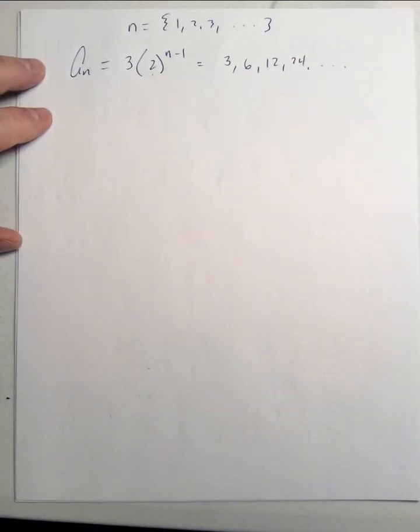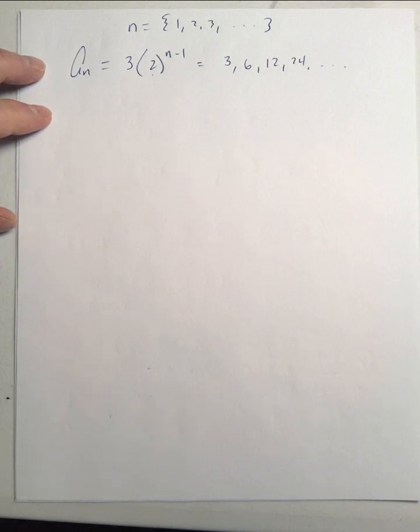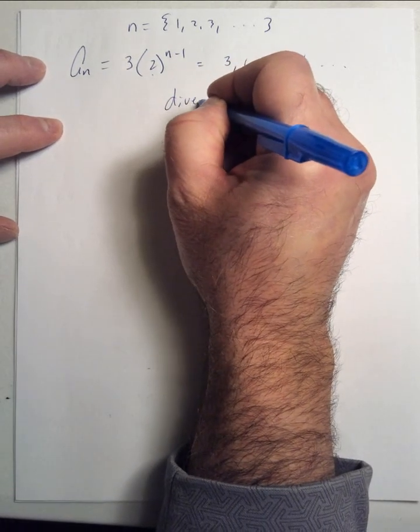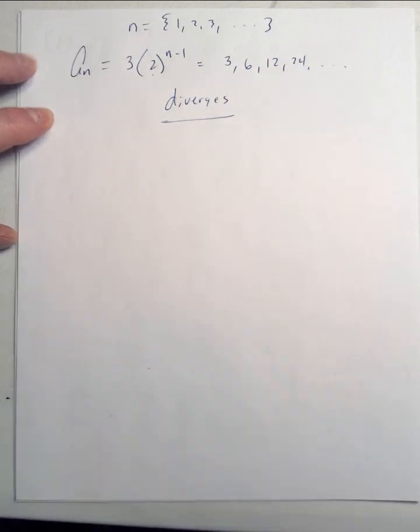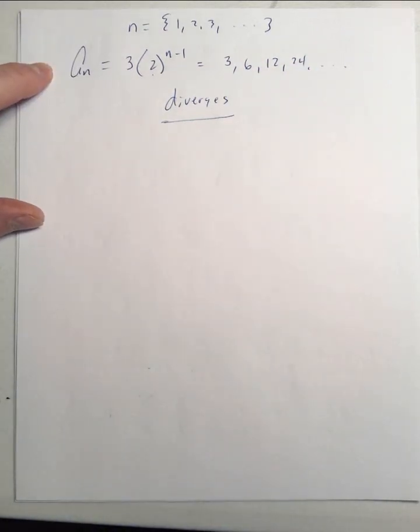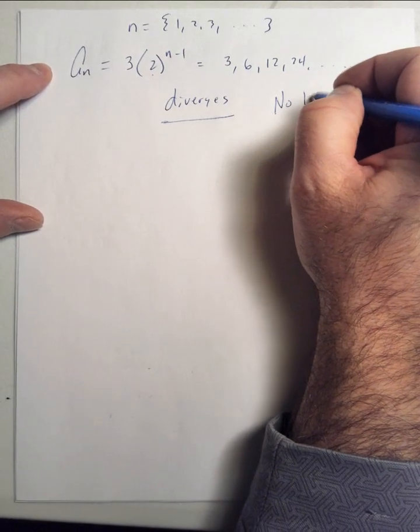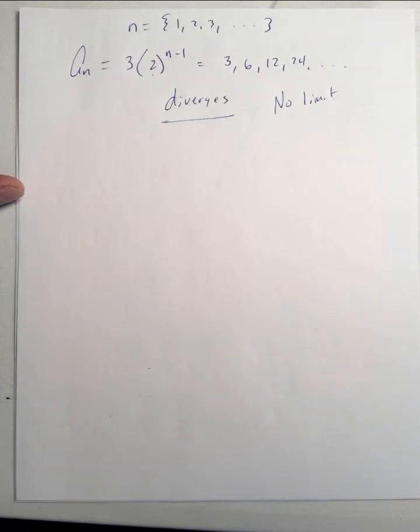This particular geometric sequence is getting bigger without bound. So the fact that it's getting bigger without bound means this thing diverges. So what's going to happen with the limit at infinity? It's going towards infinity. It's getting bigger without bound, so there is no limit, or the limit does not exist here.